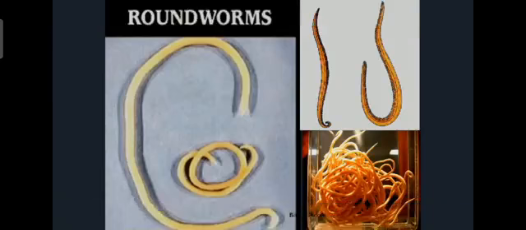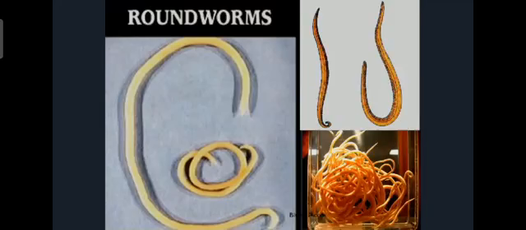So here you can see the roundworms. Can you see the body? Round shaped body. It is not flat, it is a round body. So it is called roundworms. In this second picture, the top one, you can see Ascaris. The first one is smaller and slightly curved at the end. So this is the male, which is smaller.